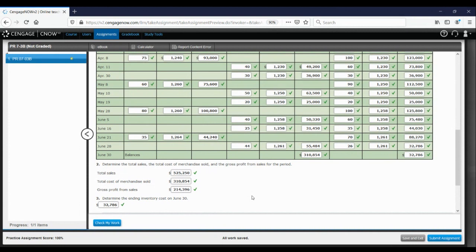So it's not the most conservative method that management would choose, but it is a more conservative method than the FIFO method is, and that is the weighted average method. Is there any question about anything that I've talked to you about so far today?